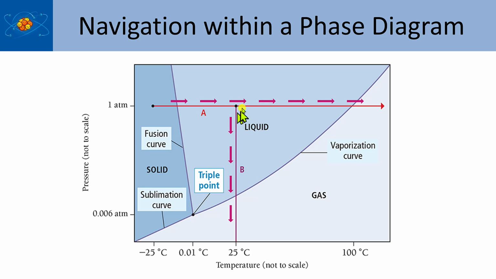What happens when you're starting at a temperature of 25 degrees and 1 atmosphere? What do you see happening when you decrease the pressure but maintain a constant temperature? So what would you see? Well, as you decrease the pressure, the boiling point of the liquid is decreasing.